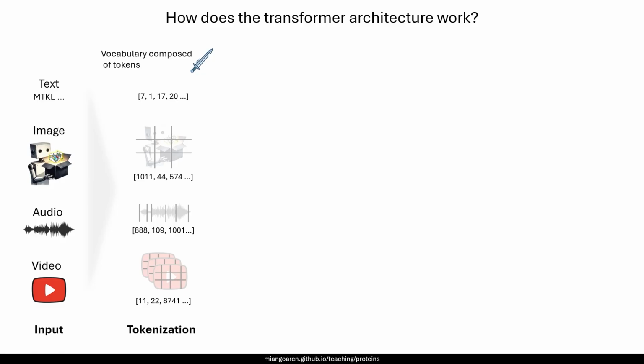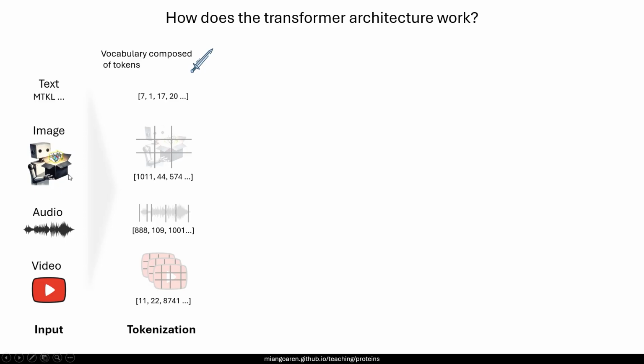So instead of representing the sequence as a set of characters from the alphabet, we represent them as numerical values, 1, 2, 3, up to 20. And remember, each one of them is a token, and together they represent a vocabulary.